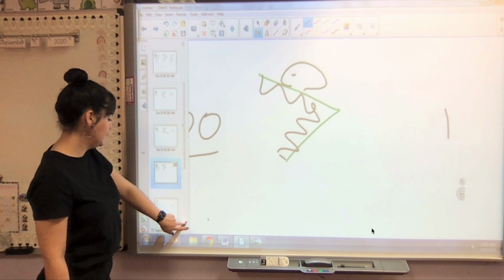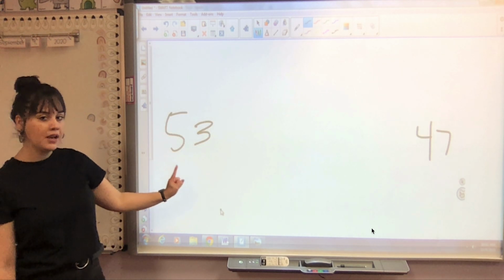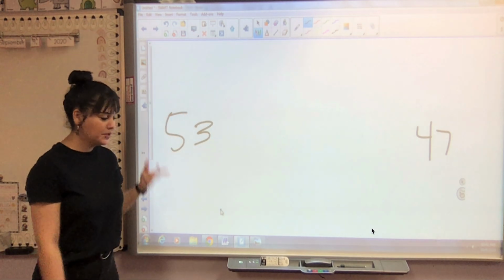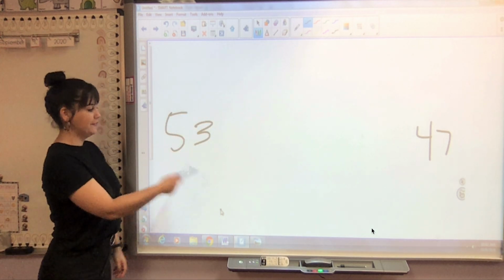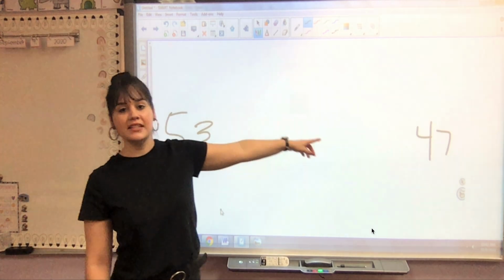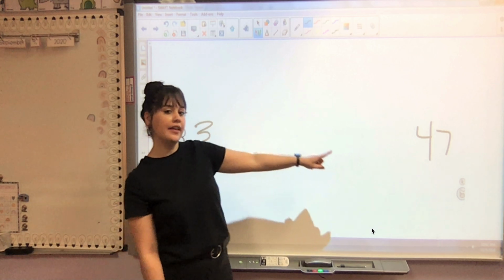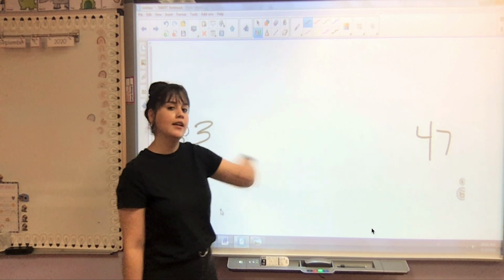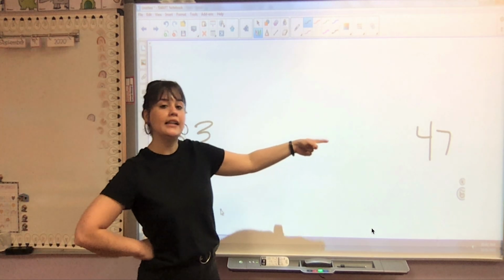I have a couple more examples for you. I have 53 and 47. Let's pretend these are 53 donuts this time. 53 donuts and 47 donuts. Is 53 less than 47, or is 53 greater than 47? Let's think about it. Will my alligator want to eat the 53 donuts, or will he want to eat the 47?